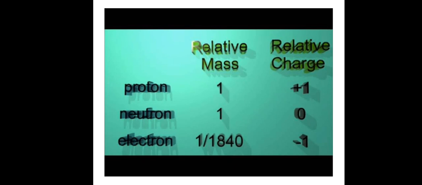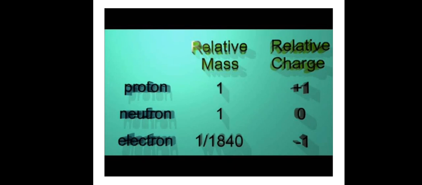It has a mass of 1 and has no charge, that is assigned as 0 charge. Lastly, we look at the electron, which has a mass of 1 over 1840, and a charge of negative 1. So this table helps you to summarize the charge and the relative mass of such particles.